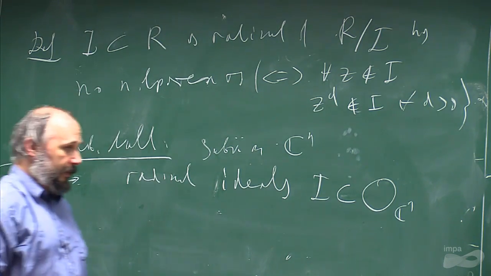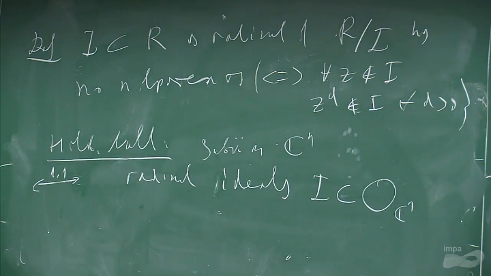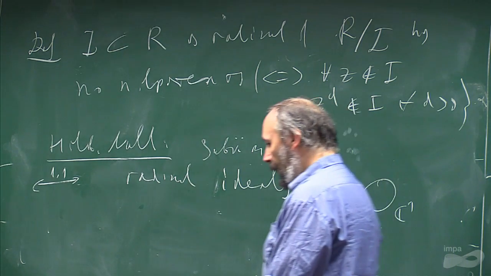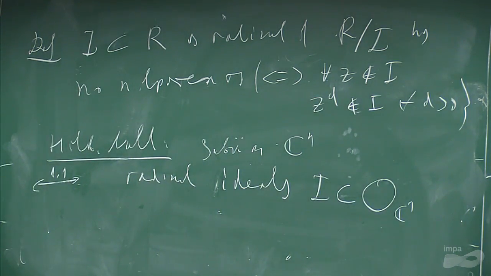But the main idea is that this gives you an interpretation of projective varieties as invariant subsets. By definition, a projective variety is a variety in projective space defined by homogeneous equations. So the Hilbert Nullstellensatz gives that you have a bijection, non-empty.